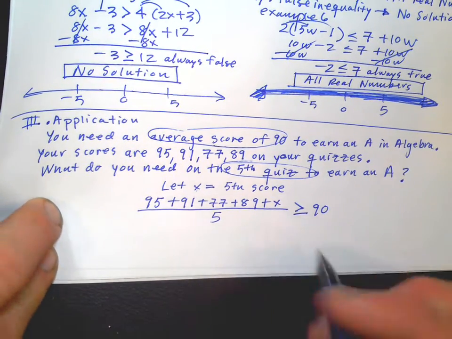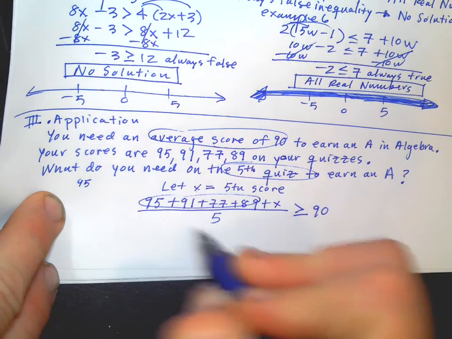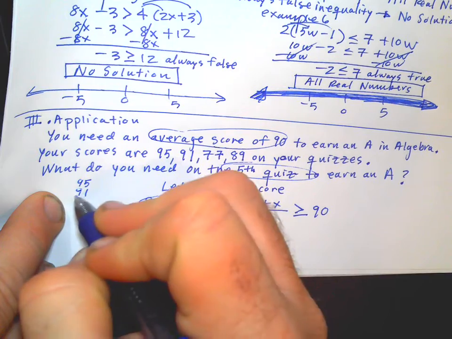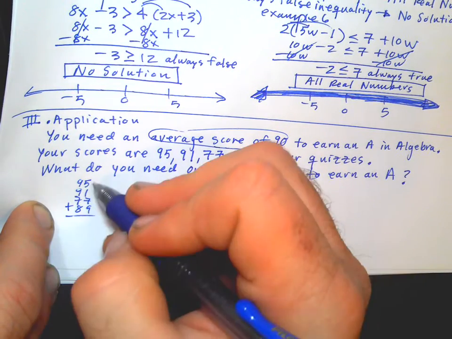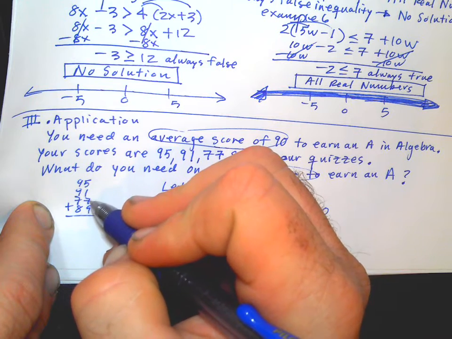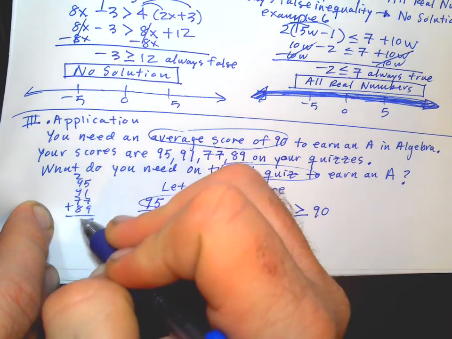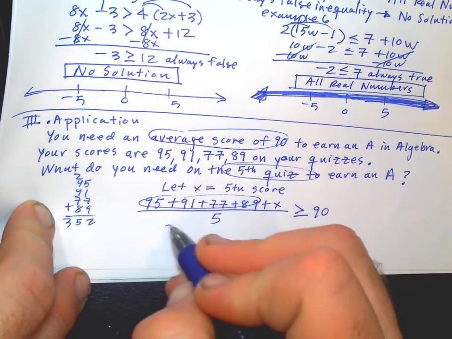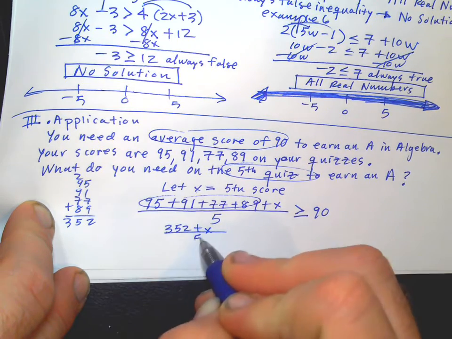Now, we should probably simplify, add all these up, which you could use a calculator, I guess. I like to practice doing this by hand. Okay, let's see. 5 plus 1 is 6, plus 7 is 13, plus 9 is 22, carry the 2, 18, 20, 27, 35, 352 plus x over 5.